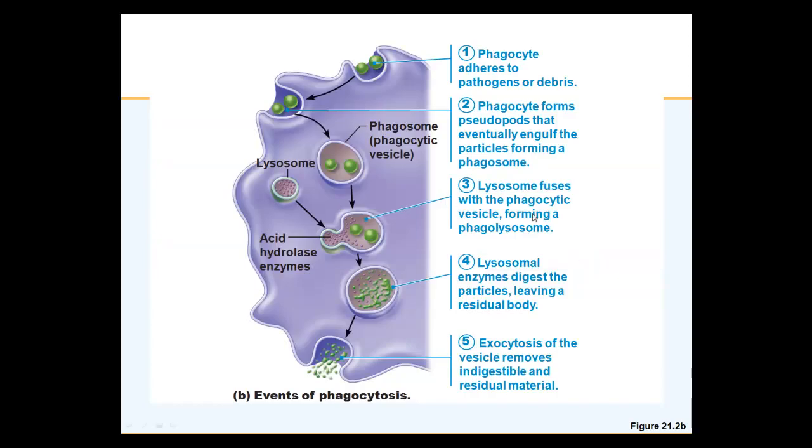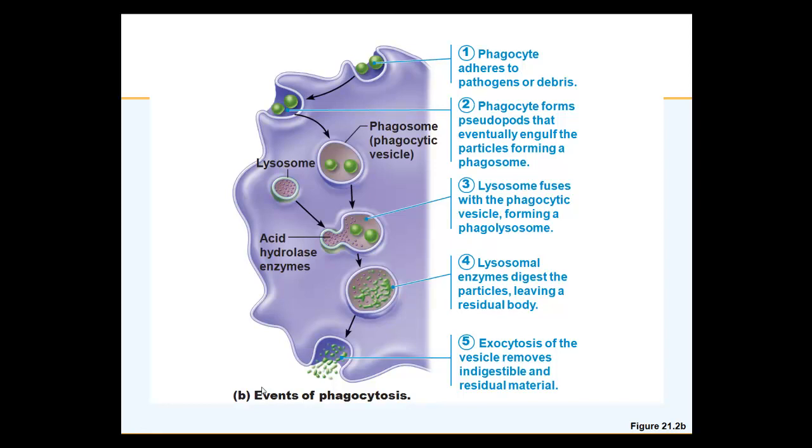So here's the story. Phagocytic cells will form a phagocytic vesicle or a phagosome that will fuse with the lysosome, and then the acid hydrolase enzymes will start to break up that foreign matter, whether it's protein or dead tissue or whatever it is, and then with the process of exocytosis, you will be expelling that.